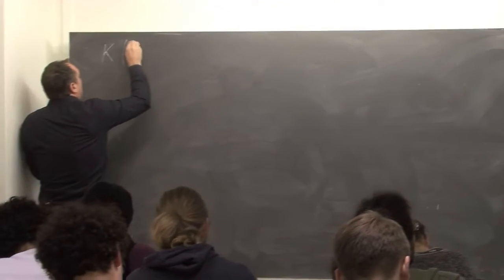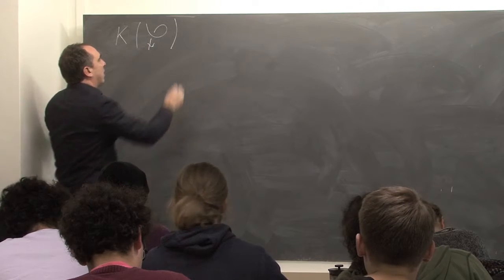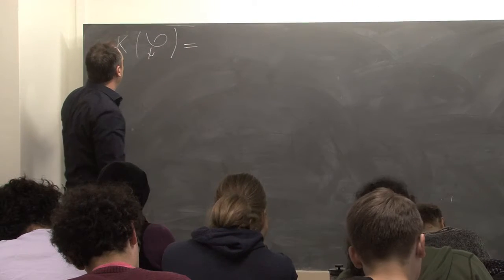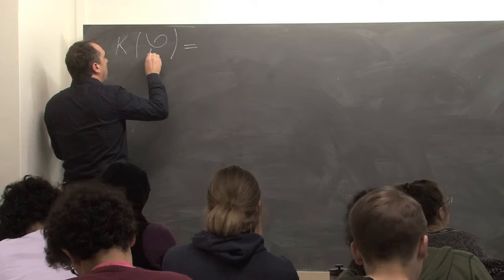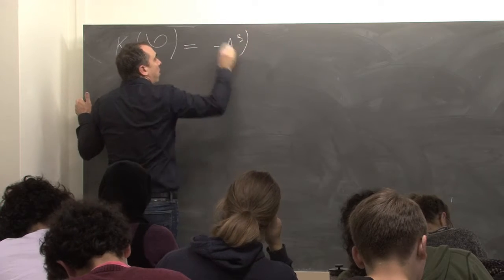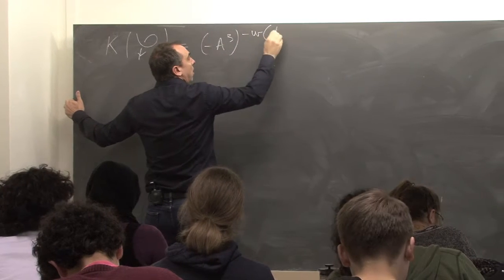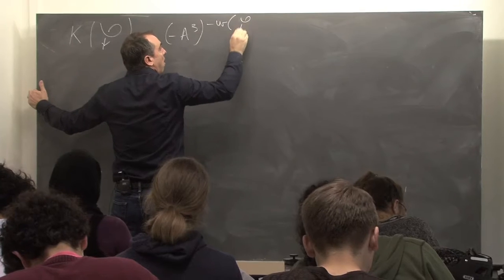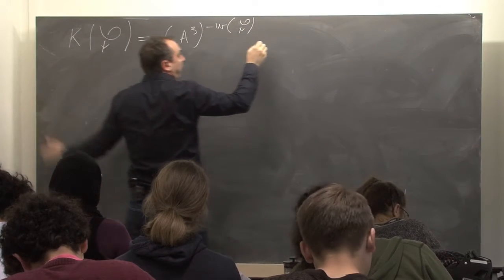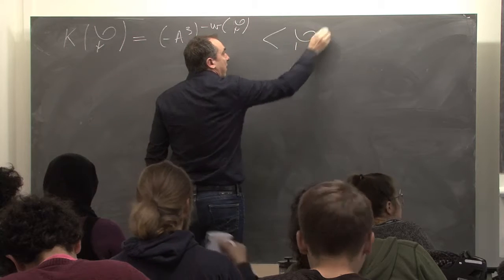So, what do we obtain if we compute this? So, by definition, it is minus A cube to the minus the writhe of this times the bracket polynomial of this.